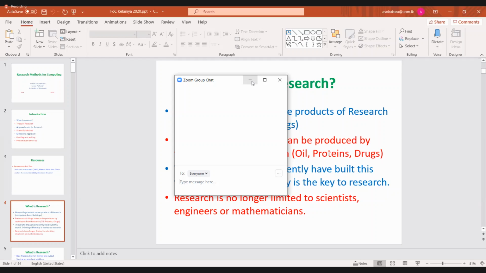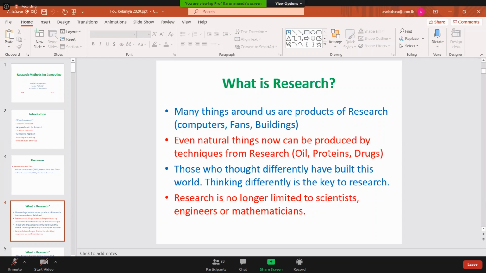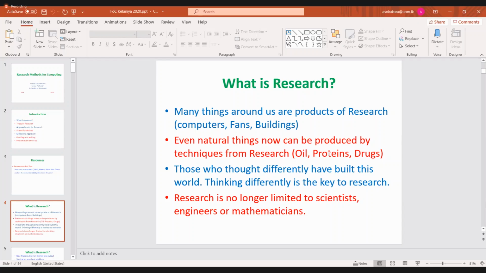So we can also use bulbs, CFL or LED or whatever, to produce light. Light is in the nature. Light can also be generated by research. Again, we have water in the nature, but you can also produce water by research.